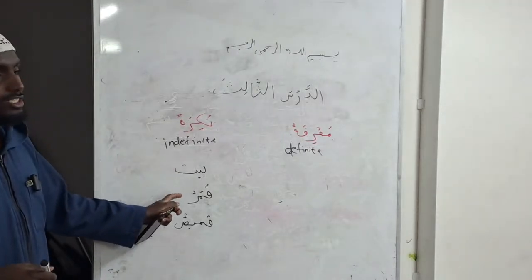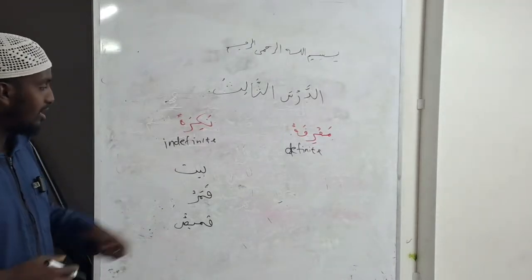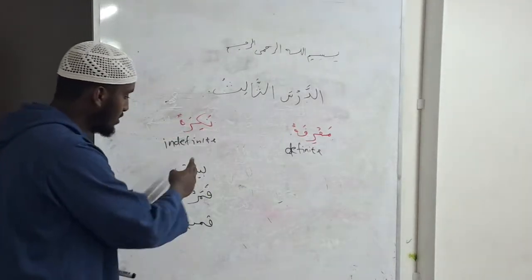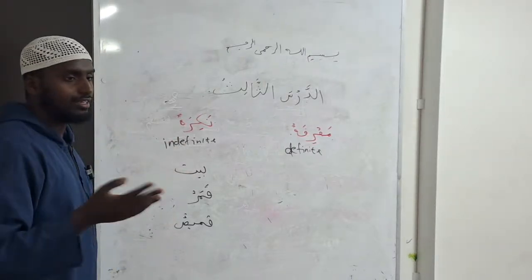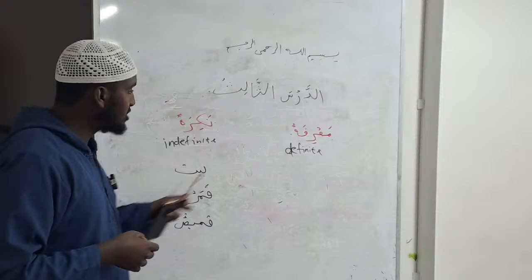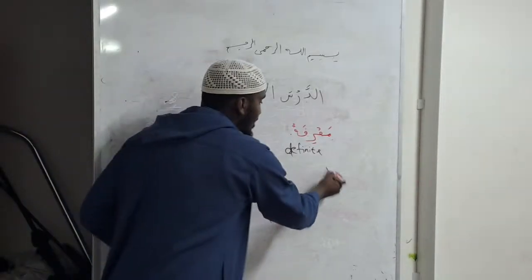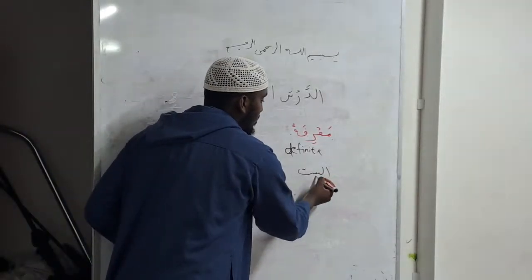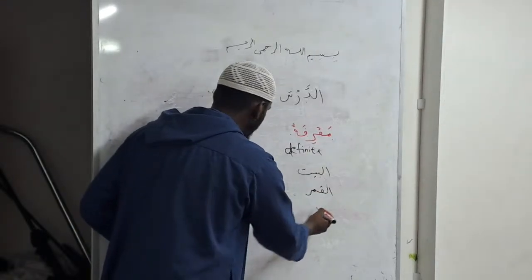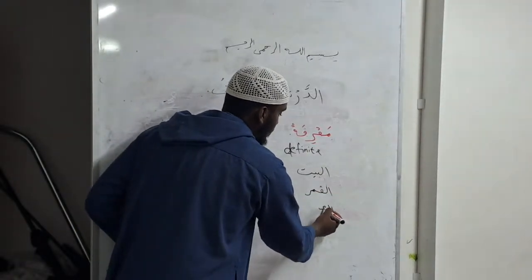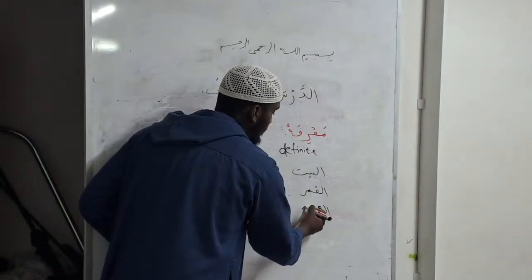House can be any house. Baytun, a house. Qamisun, any shirt, a shirt. But if I want to make it specific, I add al: al-baytu, al-qamaru, and al-qamisu.